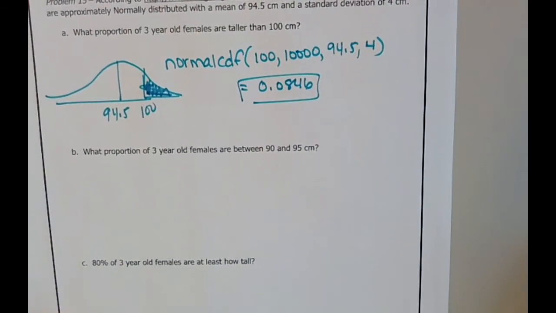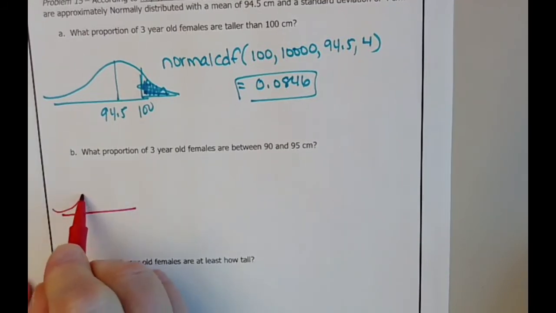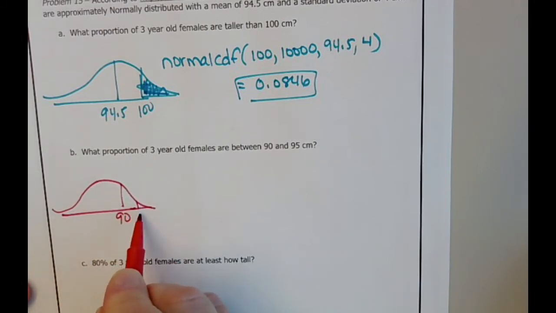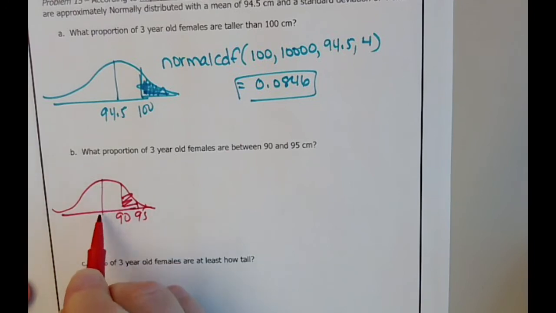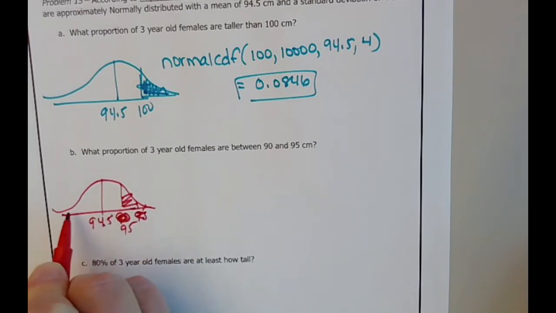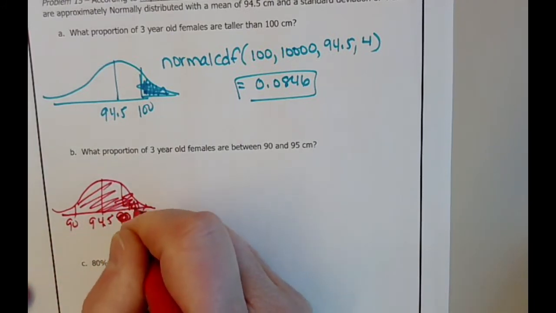What proportion of the females are between 90 and 95? Again, if I draw it, here's 90 and 95. No, I messed that up. It's 94.5 and 90. That's what I meant to do. So forget that I did that.